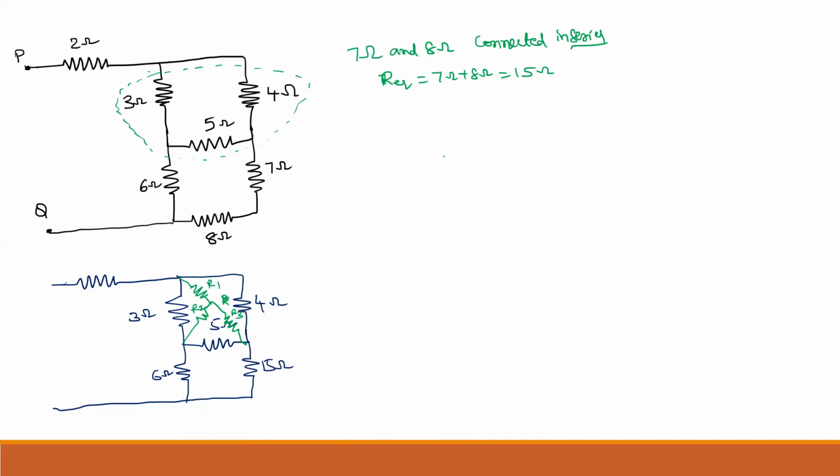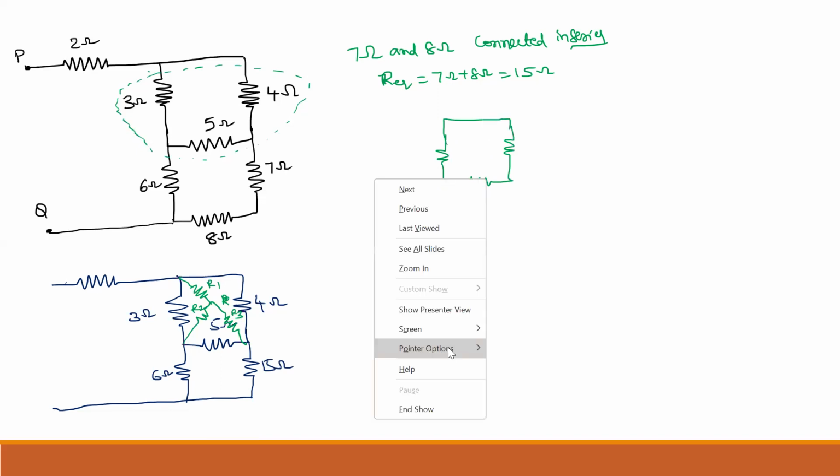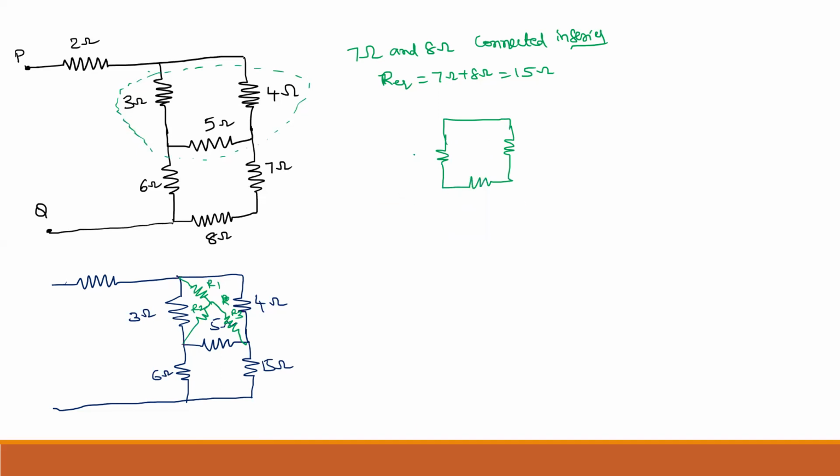Now I'll draw the same thing: 3 ohm, here it is 4 ohm, and here it is 5 ohm resistor.